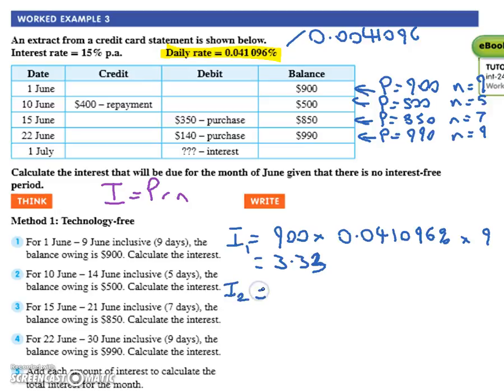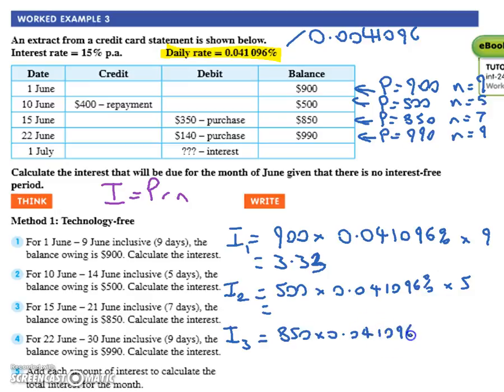So I2 is 500 times 0.041096% times 5. Which will give you what? $1.02.